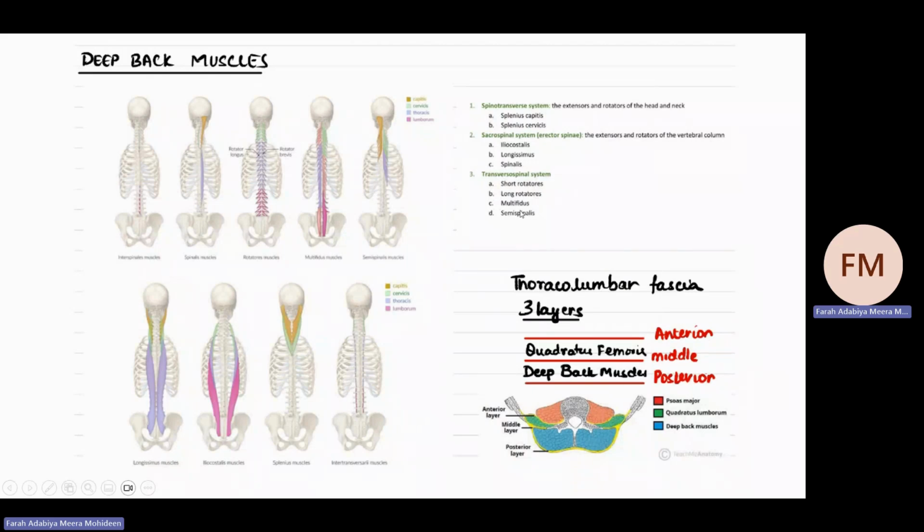Next is your multifidus muscle. The multifidus muscle, again, is a transverse spinal system, so from transverse processes to spinous processes. This muscle is basically responsible for stabilizing your vertebral column. Then you have your rotators. The name itself suggests the function of these muscles.